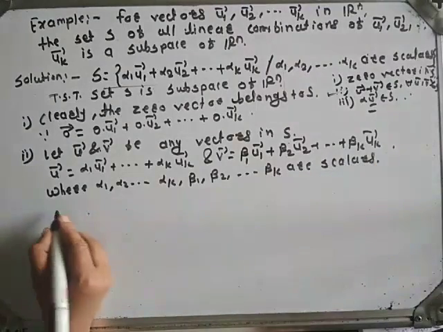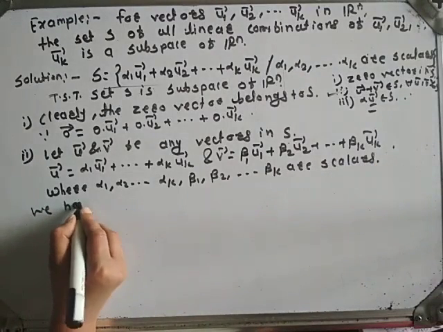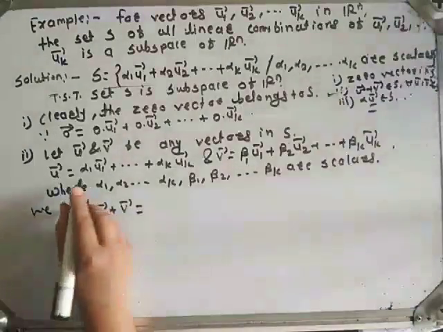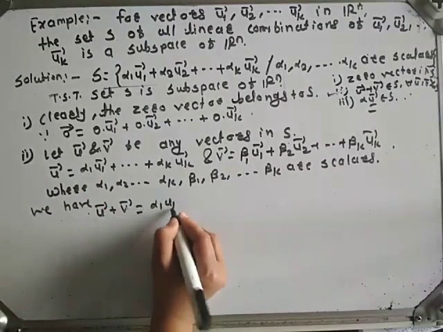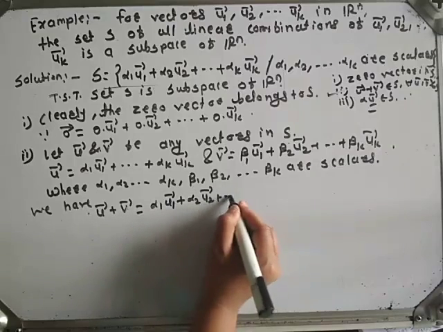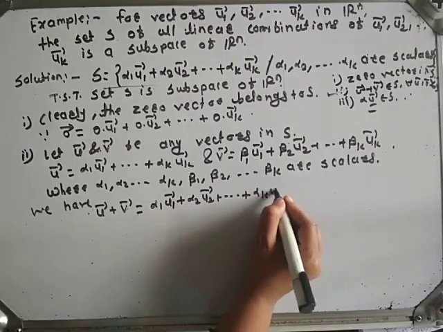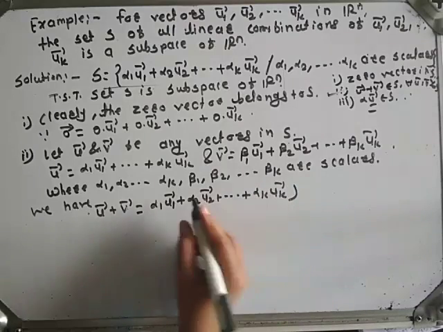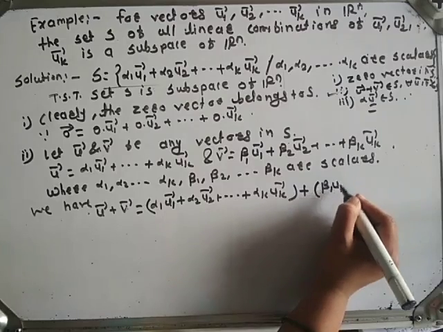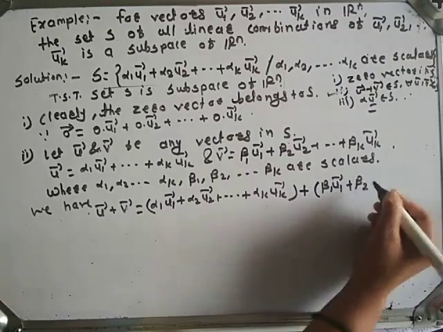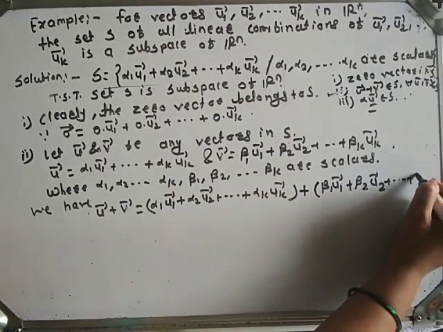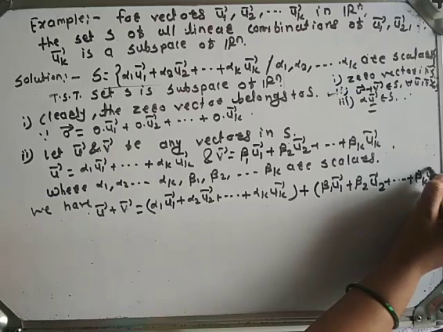Okay, we have u bar plus v bar equals alpha 1 u1 bar plus alpha 2 u2 bar plus and so on up to alpha k uk bar plus beta 1 u1 bar plus beta 2 u2 bar plus and so on up to beta k uk bar.